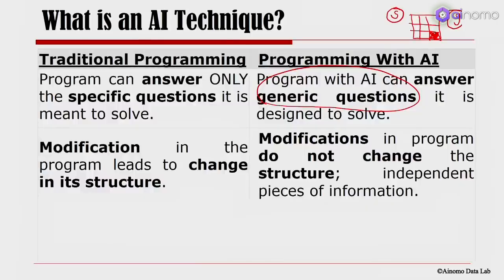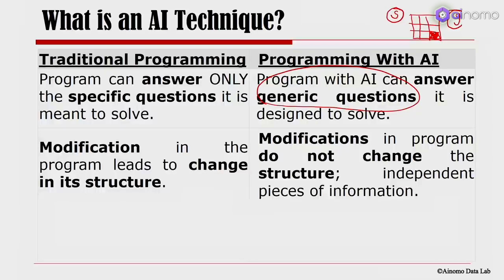The second important difference is that in any traditional programming paradigm that we exploit, modification in the program itself will lead to change in its structure. Whereas if it is an AI programming paradigm, which we will look at today, modifications in the program do not change the structure.